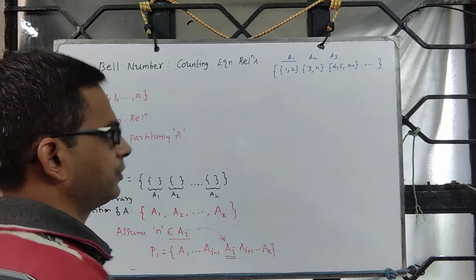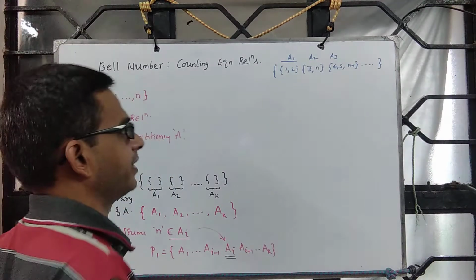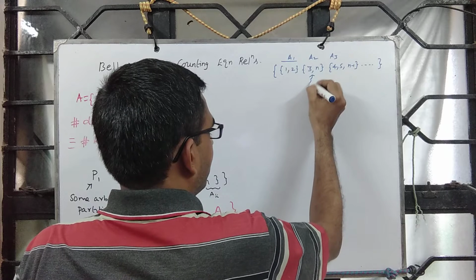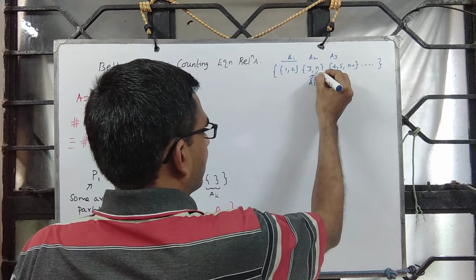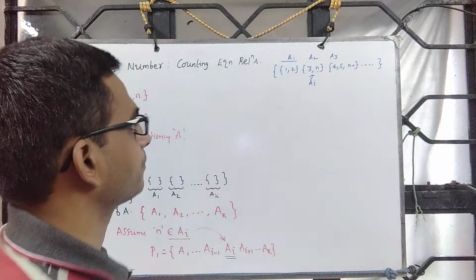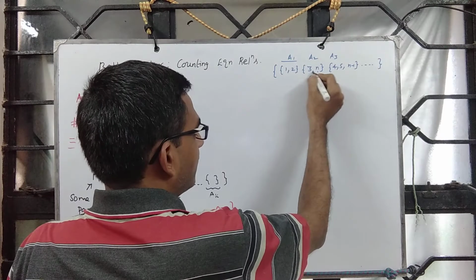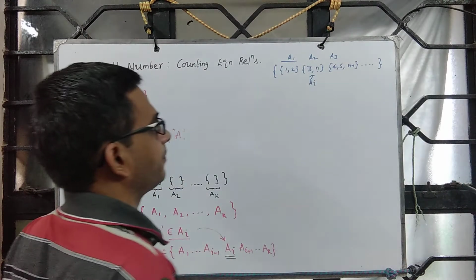Let's assume n is, say, 20 and so on. So now this is my Ai, because n is part of this. So apart from n, there are other elements.